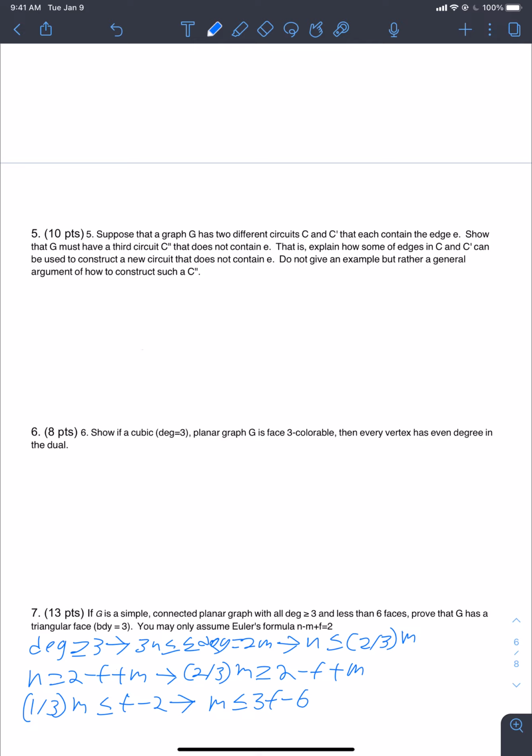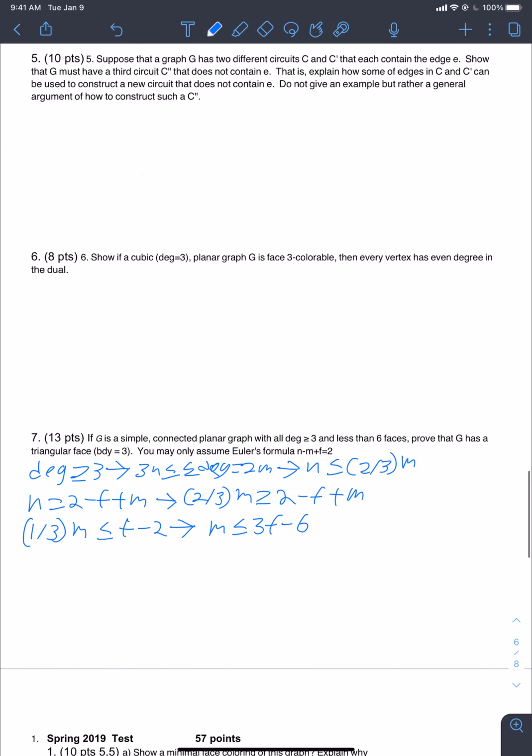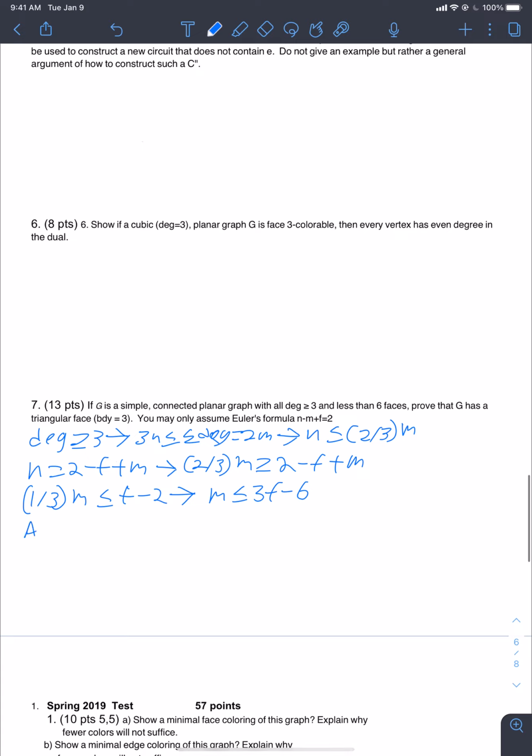In the first problem we were proving an inequality, and then in the next two we were proving just the existence of something. If it's a binary thing, we can just assume true or false. So assume the conclusion is false. Then all boundaries are greater than or equal to 4.